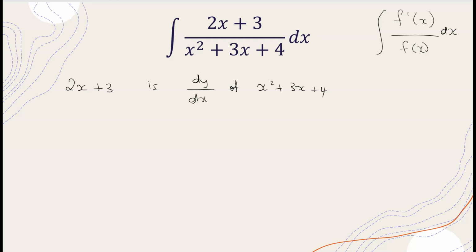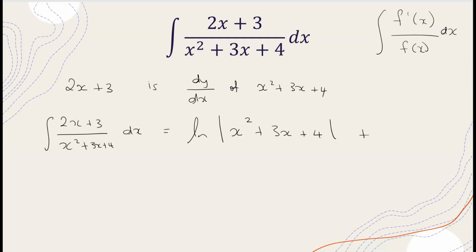So using the rule, the integral of 2x plus 3 over x squared plus 3x plus 4, because it fits the pattern, is just going to be straightforwardly the natural log of the bottom line plus c. And you can check that, you can go back.